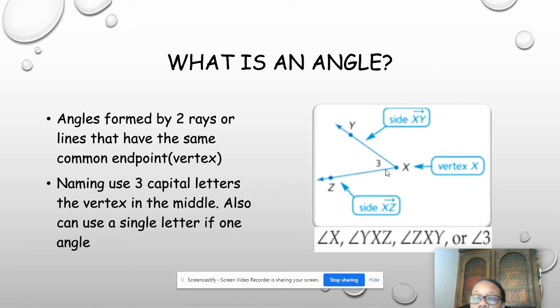Angle X, just the one letter, then angle YXZ. The X has to be in the middle; the vertex has to be in the middle when you're using three letters. The other way is angle ZXY. And this little piece right here that represents angle, you have to have that when you're naming an angle. You can also use the less than symbol when typing it on the computer, and that's acceptable.